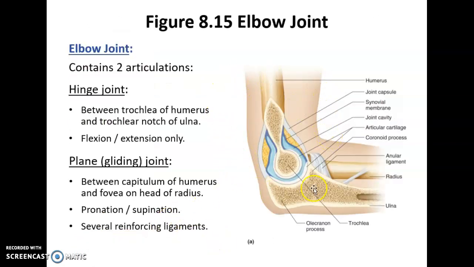Then you have the elbow. Remember, this is going to be a modified hinge joint. And again, you have the main elements. You have the capsule, you have the membrane in blue, you have the fluid in the cavity in light blue, and you have in white the articular cartilage, or the articular surface, made of hyaline cartilage.